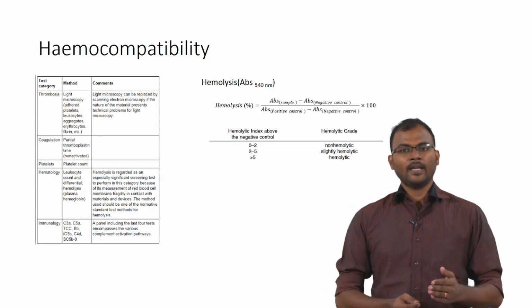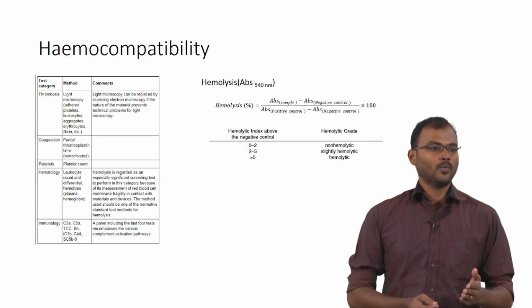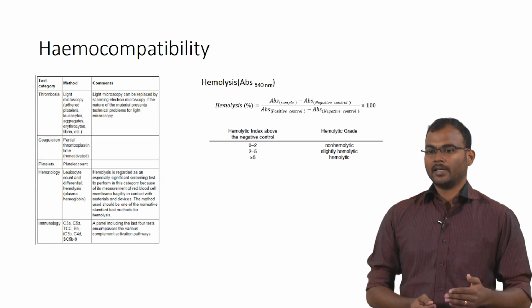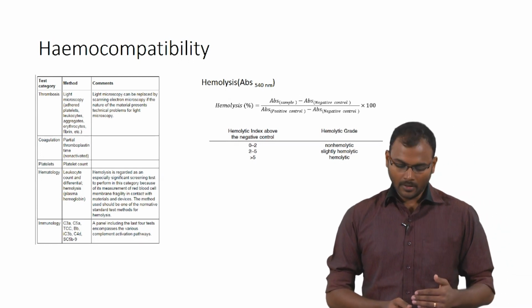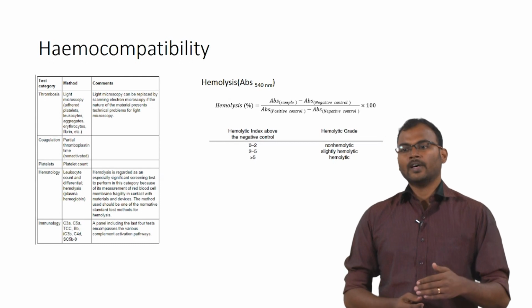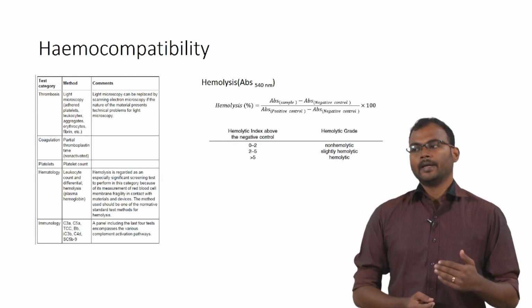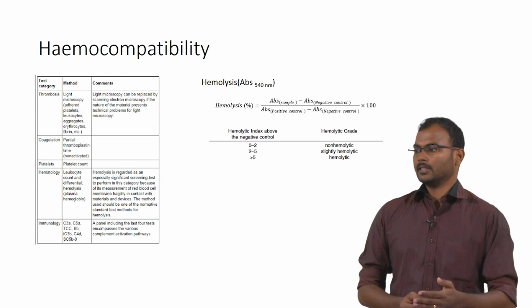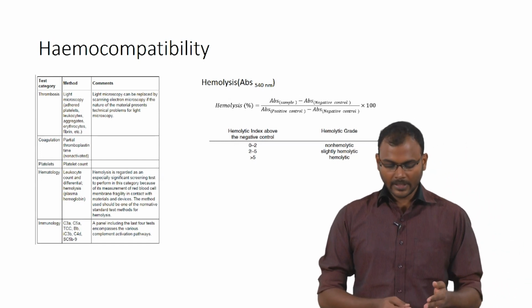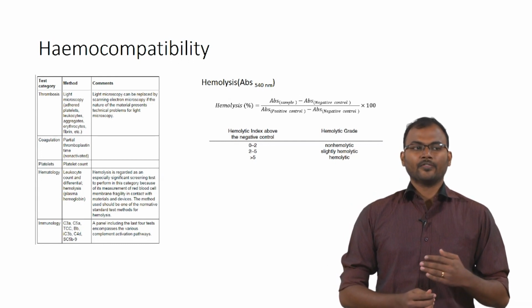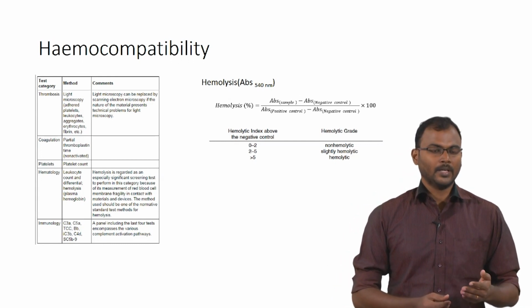The positive control can be either water or Triton X, which will lyse the cells immediately on contact with the RBCs, and the sample is whatever sample you have. So, based on this you will find out the hemolytic index and identify whether a material is blood compatible or not.